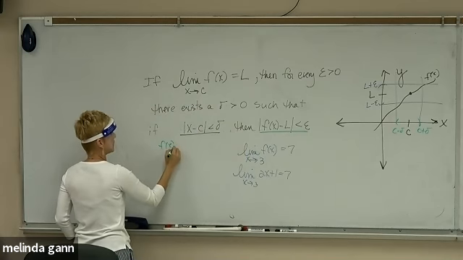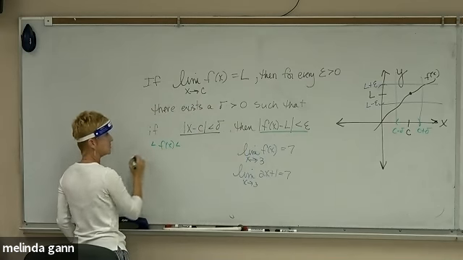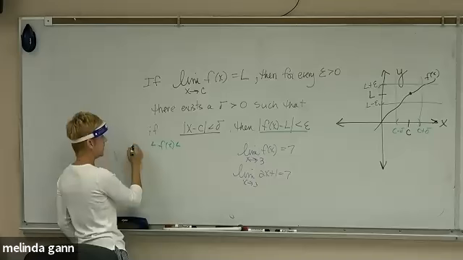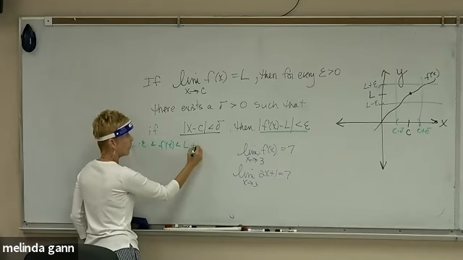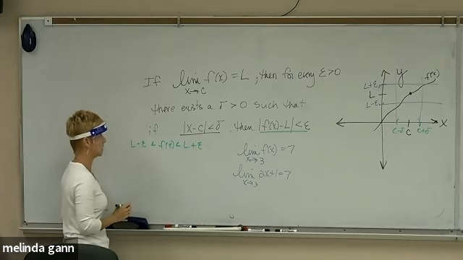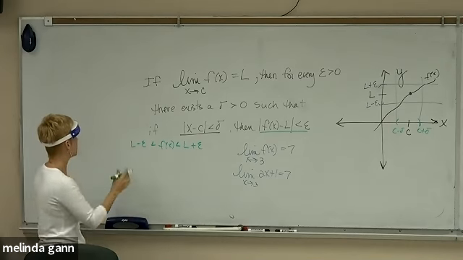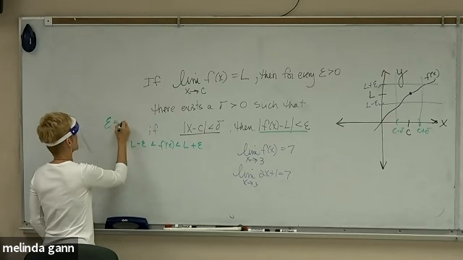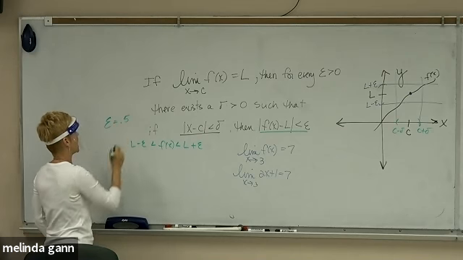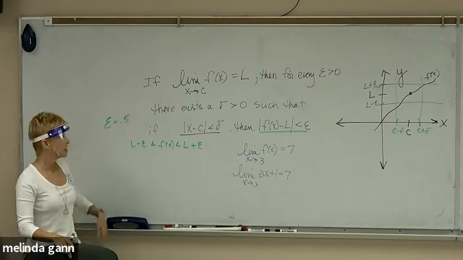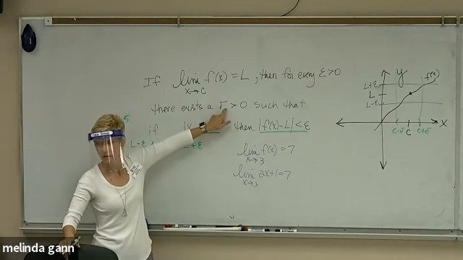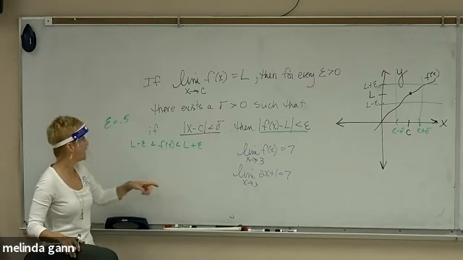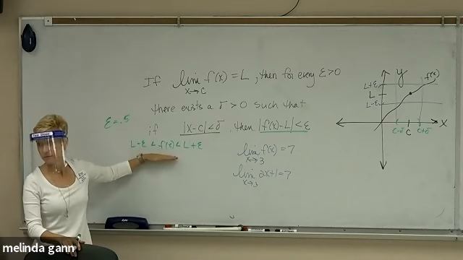This means that f of x has to stay between L minus epsilon and L plus epsilon. So here's what you tell me. Epsilon is going to be 0.5. It's going to be a half. So I've got to figure out some delta that will make this work every time.